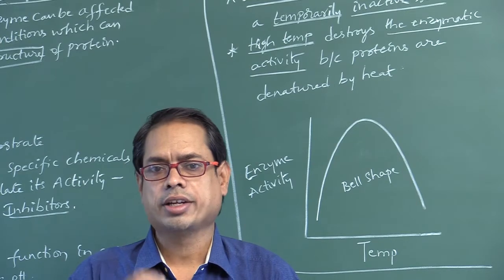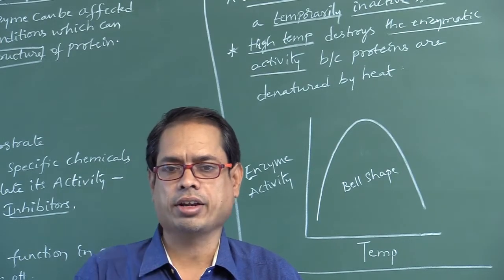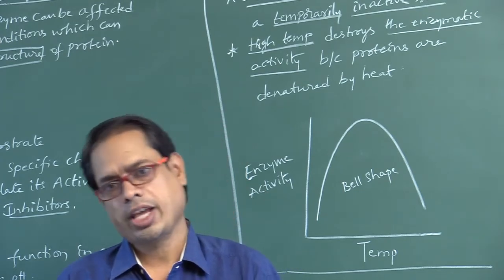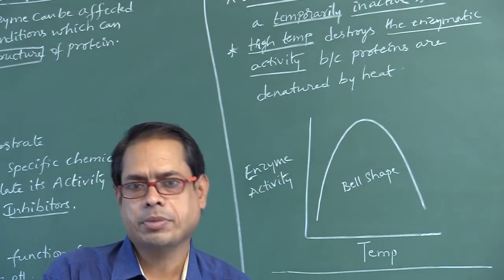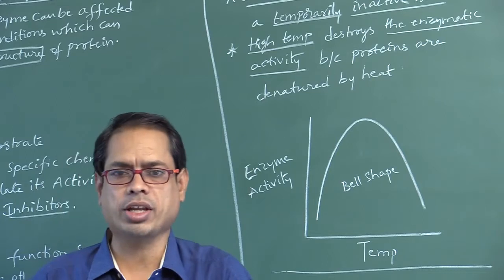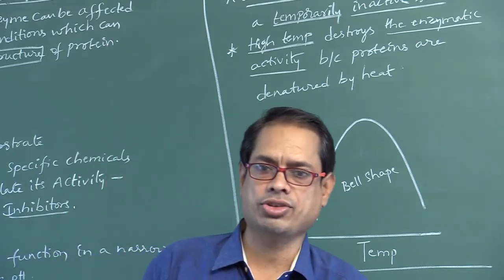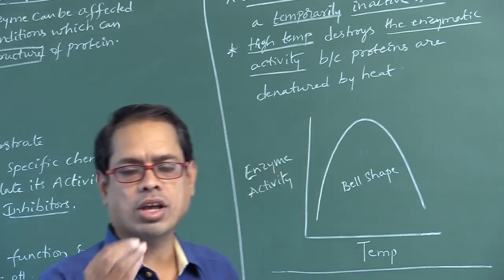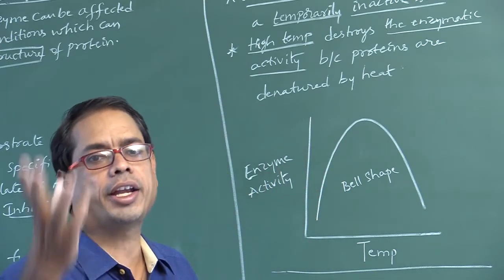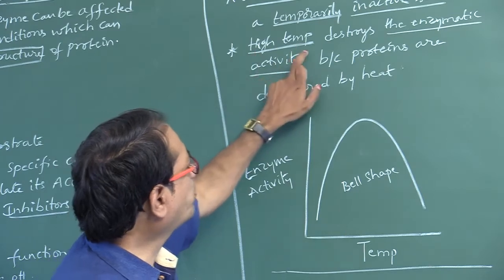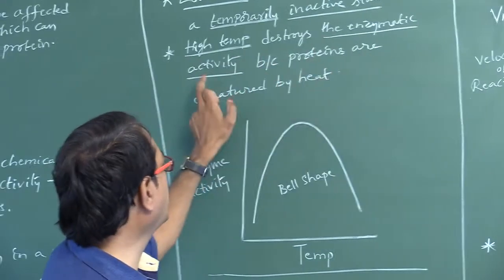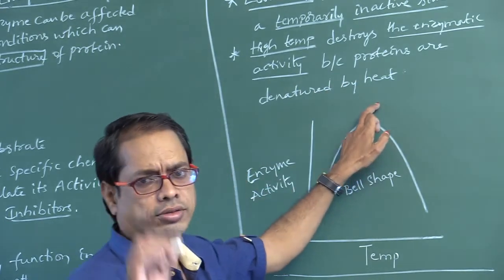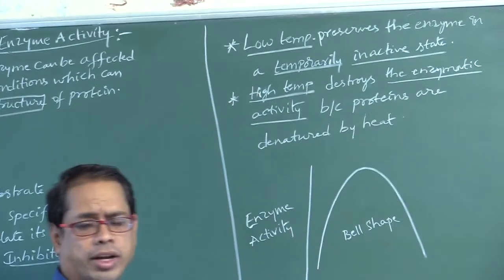The same enzymes, when kept at high temperature, get damaged and destroyed, because enzymes are denatured by heating. High temperature destroys the enzymatic activity because proteins are denatured by heat. This is a very important point, my dear students.